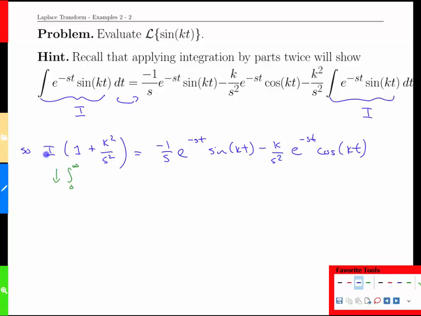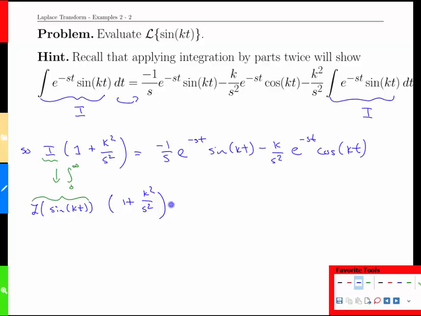Then when we do that to the integral that we're computing here, that becomes the Laplace transform of sine of kt. This I, with the addition of the limits of integration, will become the Laplace transform, because that's all that's missing from our original integral. We then keep the 1 plus k squared over s squared.